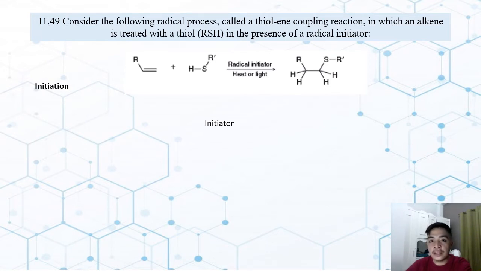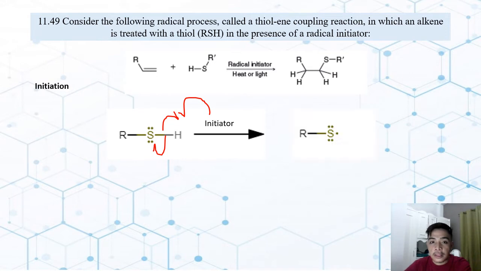We know that a thiol-ene coupling reaction occurs in three steps. First is the initiation step. For the initiation step, the initiator could be a hydrogen peroxide that will form free radicals. So for this step, there is a formation of the free radicals.